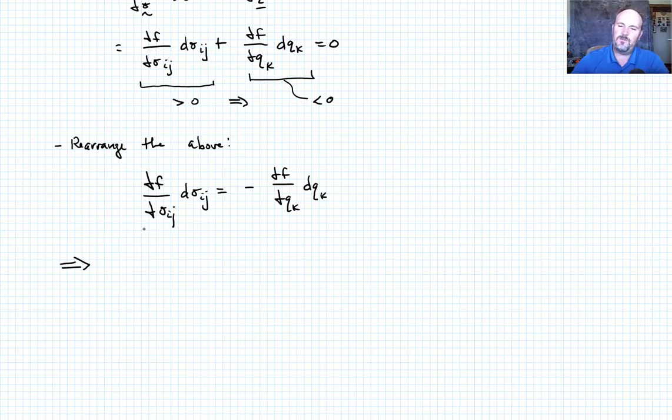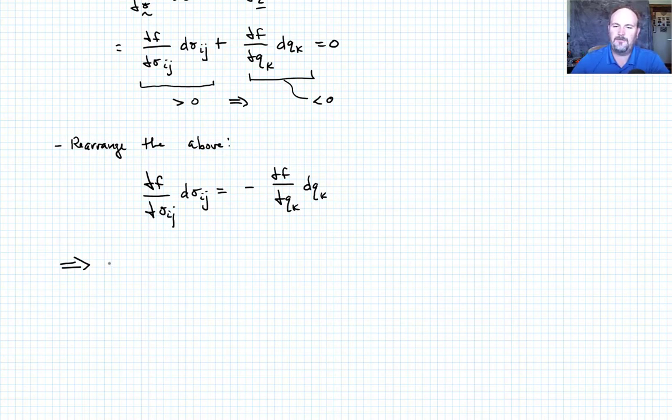Well, what this says is we know that this is greater than 0. So is it possible for this to be greater than 0 if this is equal to 0? Of course, the answer is no. The only way that we can get the correct answer, having this be greater than 0, is if dqk is non-zero. In other words, plastic deformation can only occur if the internal state vector, which we represent by q, changes during plastic deformation.